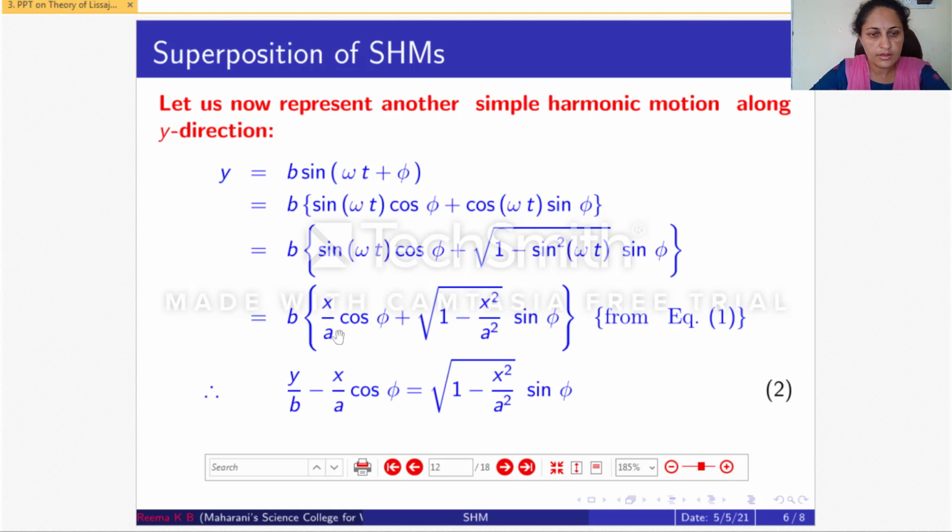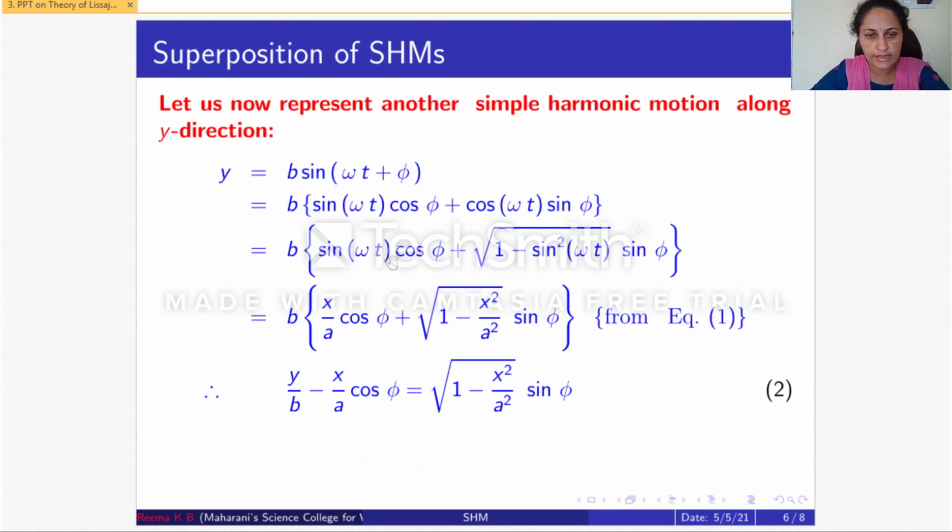Now, substituting for sine omega t as x by a and sine square omega t as x square by a square in the above expression, we get y is equal to b times x by a cos phi plus square root of 1 minus x square by a square sine phi.